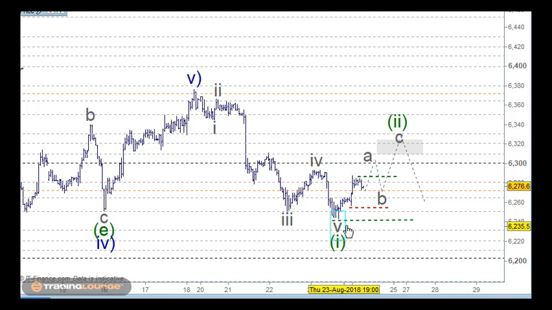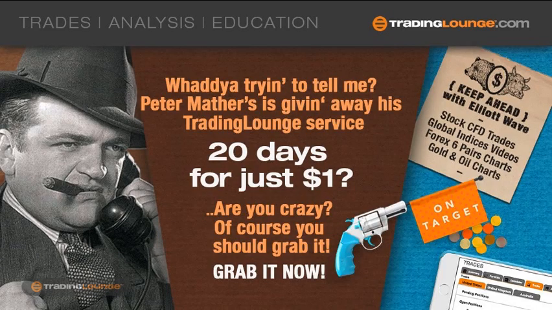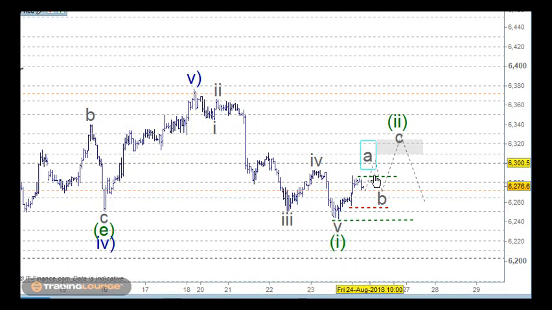So if this is going to rally here, what we're going to be looking for is an A wave, a B wave, and a C wave for wave 2. Now the move up through to the A wave here will be in 5 waves, so we've got 1 and 2 and 3 and 4, and then we'll have 5, and then we'll have some sort of ABC correction that can pull back 50-60%.